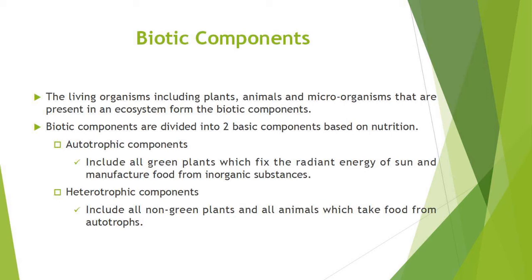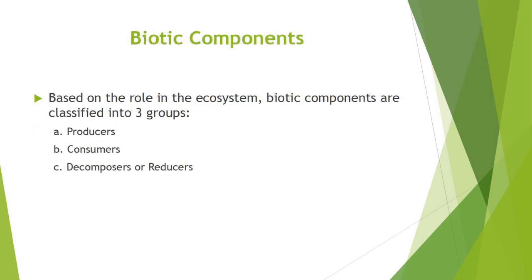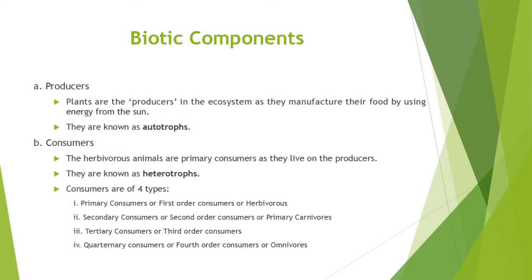On the basis of their role in the ecosystem, the biotic components can be classified into three main groups. They are producers, consumers, decomposers or reducers. Producers. Plants are the producers in the ecosystem as they manufacture their food by using energy from the sun.